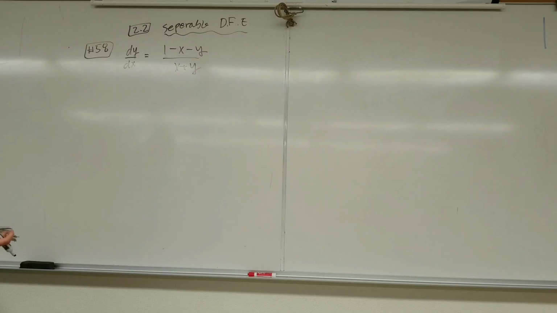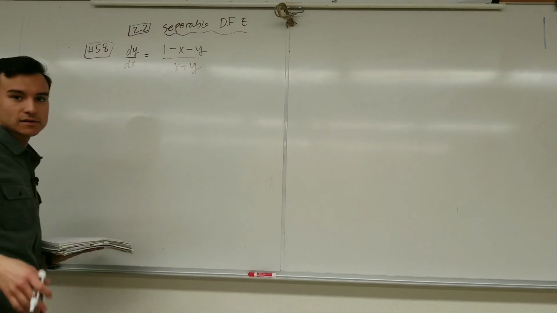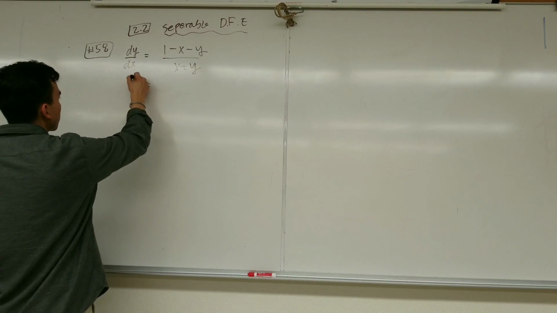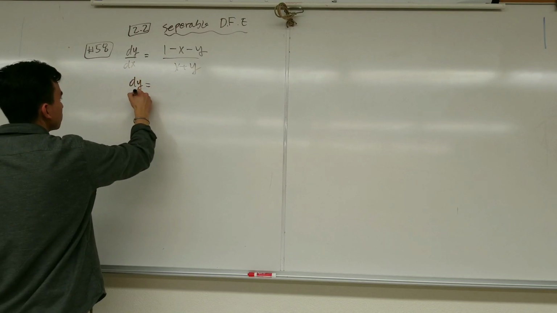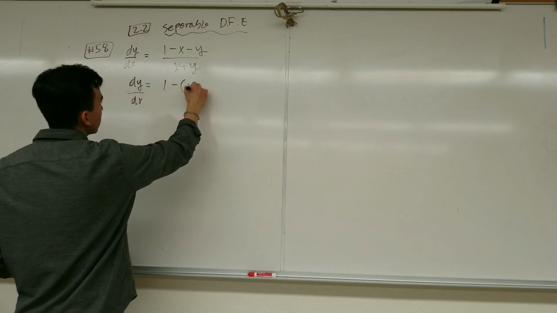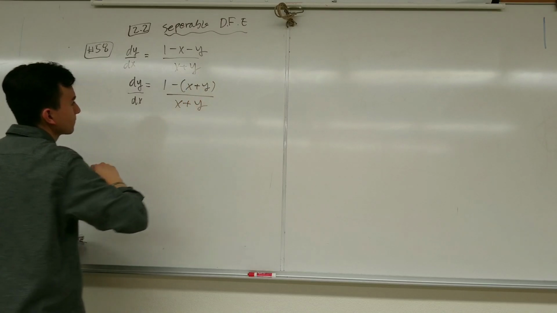so what should we do first? Well, I could see that we can make part of the numerator the same as the denominator. So how would I do that? Well, I could factor out that negative and have x plus y over that.